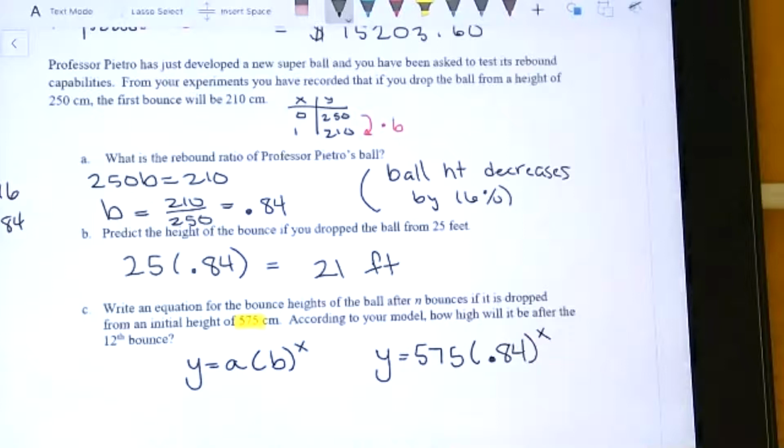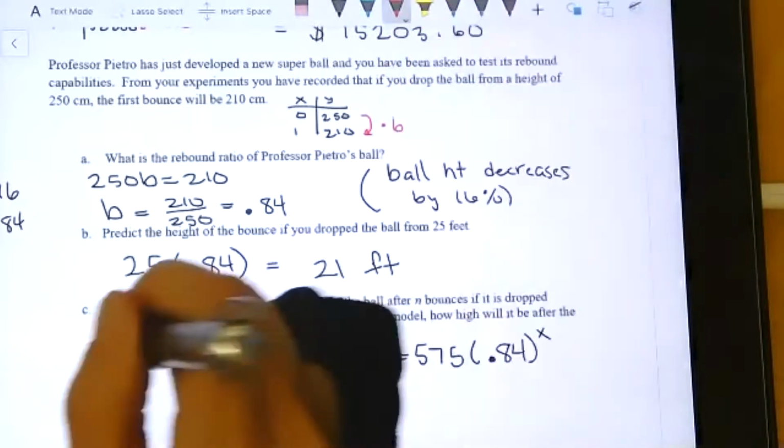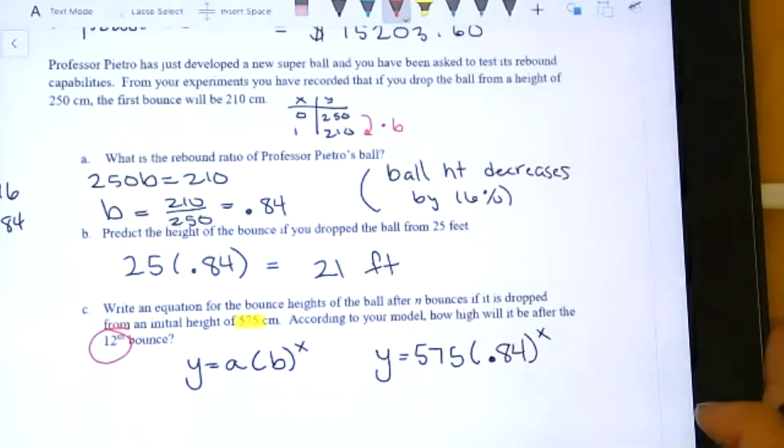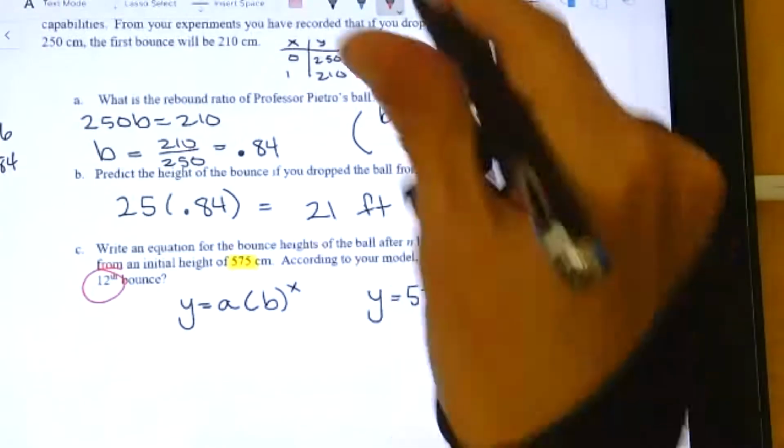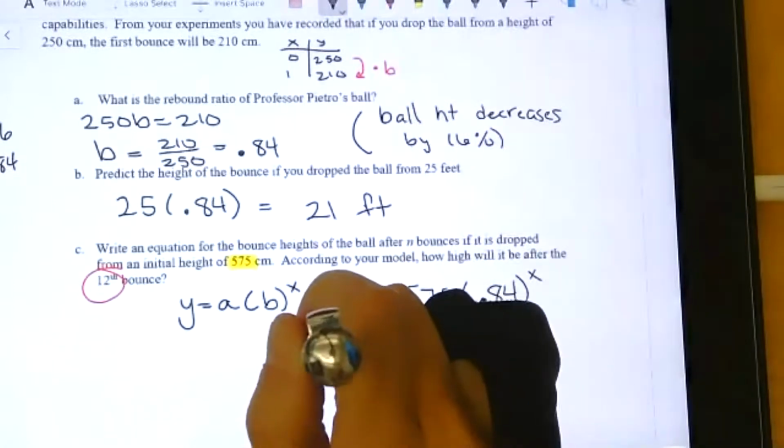So if you drop this ball from 575 centimeters, this is the equation that will calculate the height after any bounce. So if I want to know where this ball is going to be after 12 bounces, I'm going to put a 12 into this equation.